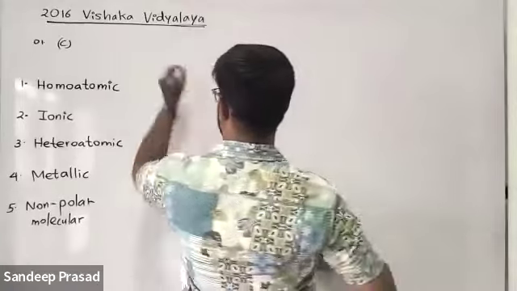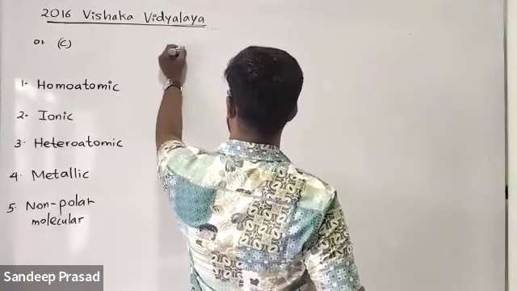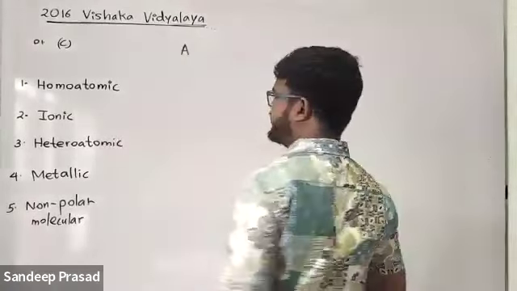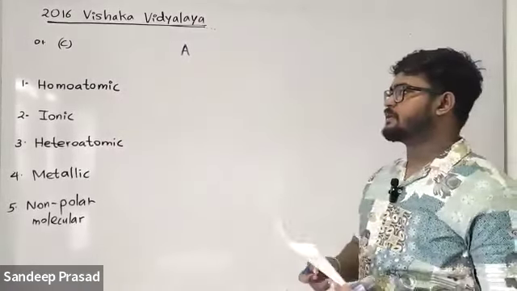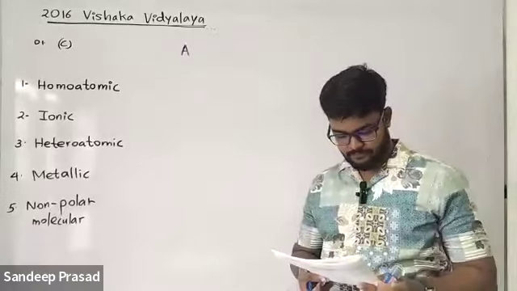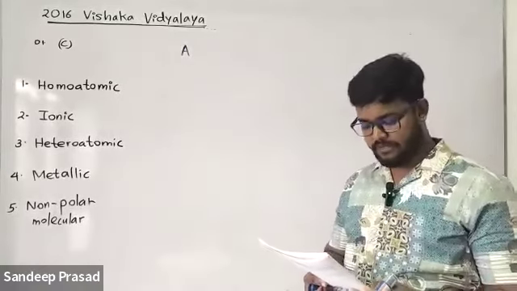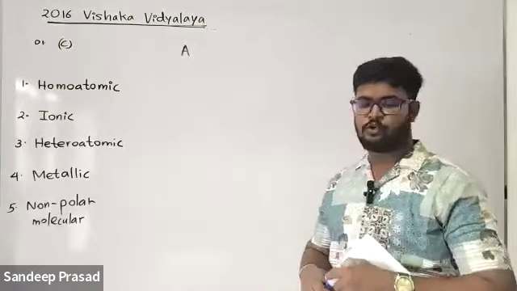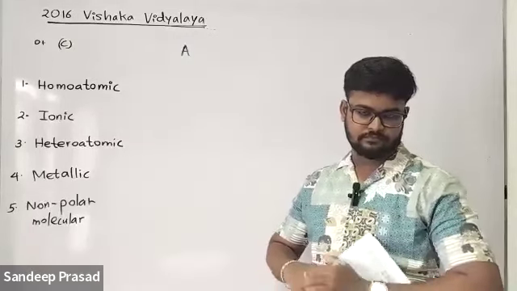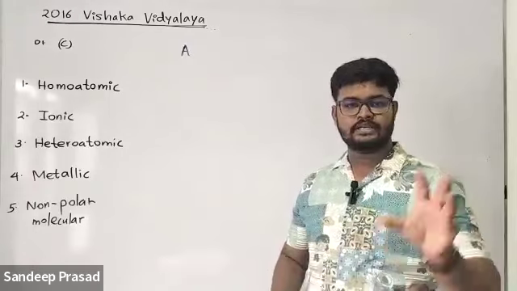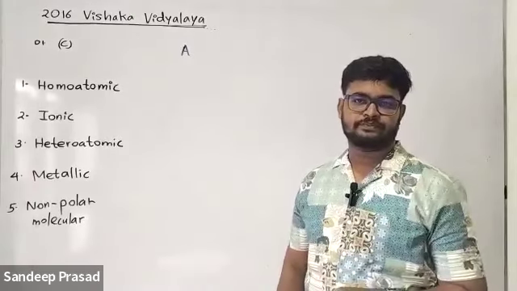Right. Now, what is the corresponding substance for these given types of compounds? Homoatomic compound. Where can we see a homoatomic compound among these 5 compounds? First of all, tell me what is homoatomic. Homoatomic means the same element is connected to each other.